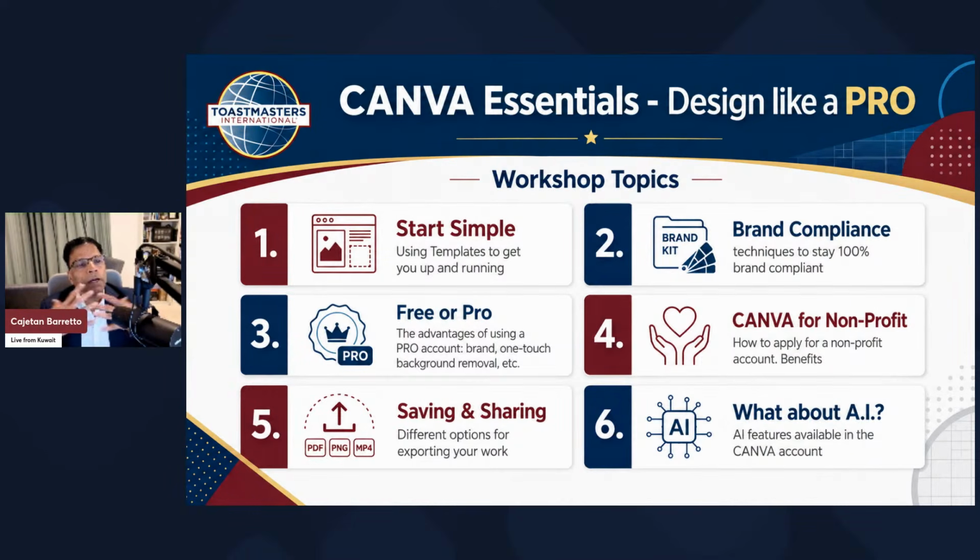The cool thing about Canva for nonprofit is that not only does it give you a Pro account, but it gives you what we call a Team Pro account. That means you can share it with up to 10 other people, which is amazing, right? So this is another option you can try. Especially if you're in UK, I think you have a better chance of getting accepted into the Canva for nonprofit. You can give it a try if you are a district leader or an area director.